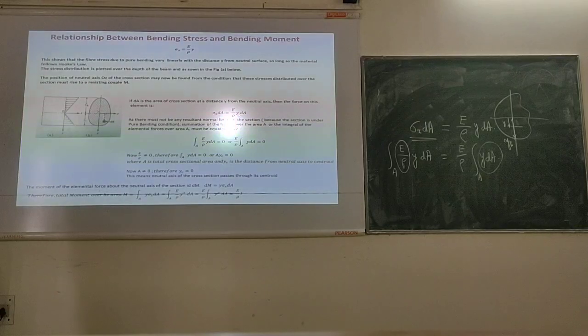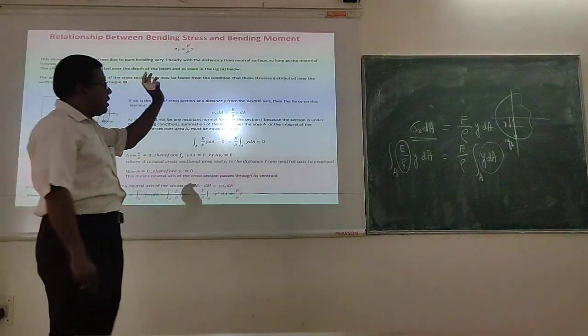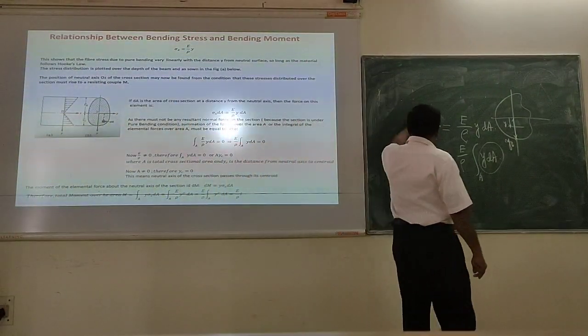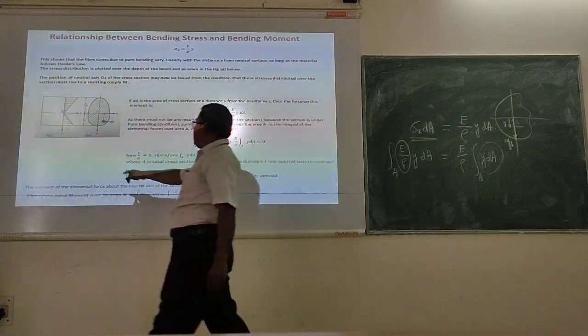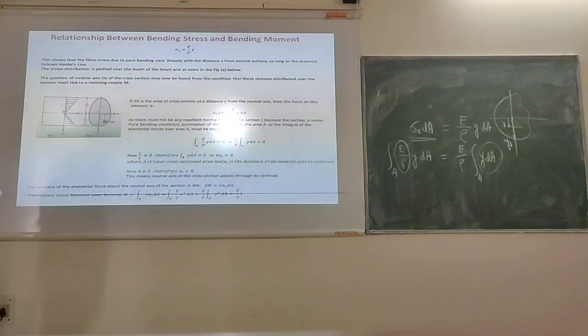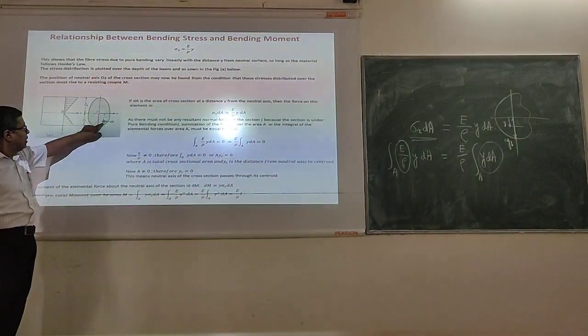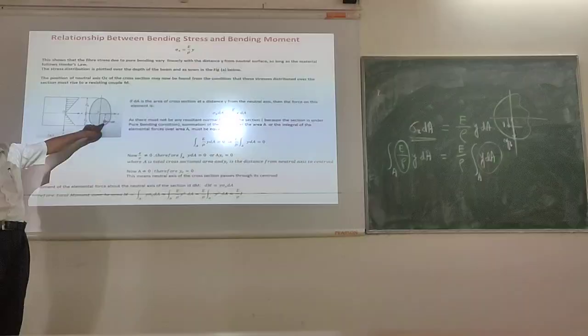With that, now if we move forward, so we have taken the force. Force is sigma into dA. So if I take moment, then what will be the moment? So if sigma x dA is the force, then what should be the moment of this force? So if there is a small element dA over here, and the distance is y, and the force is sigma x into dA.